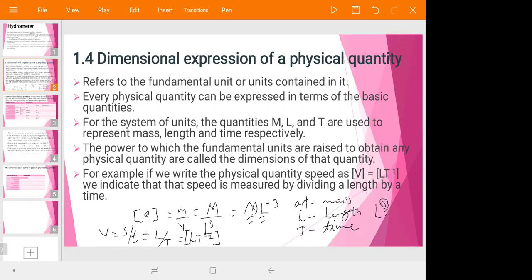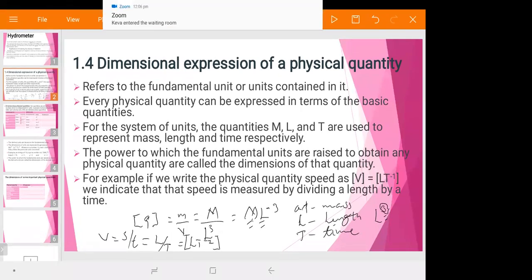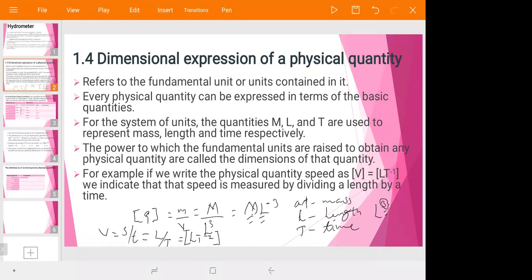So the SI unit of acceleration is meter per second squared. Meter is represented in dimension form by capital L, that means length, and the dimension of time is capital T. Therefore, the dimension of acceleration is L per T squared, or LT to the power of minus 2.